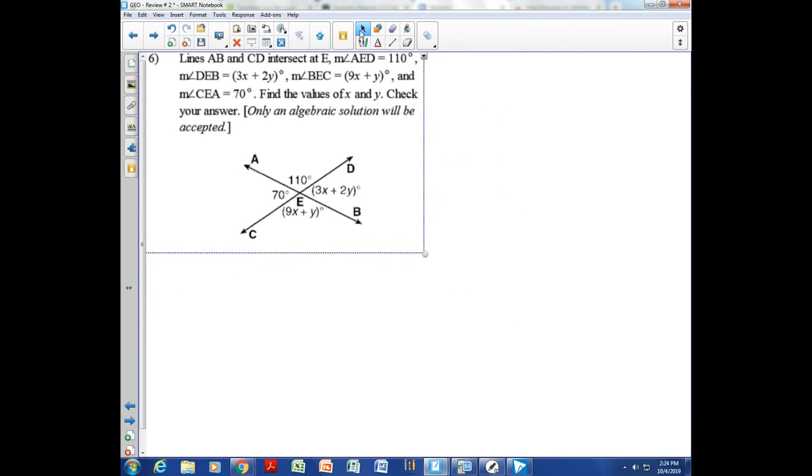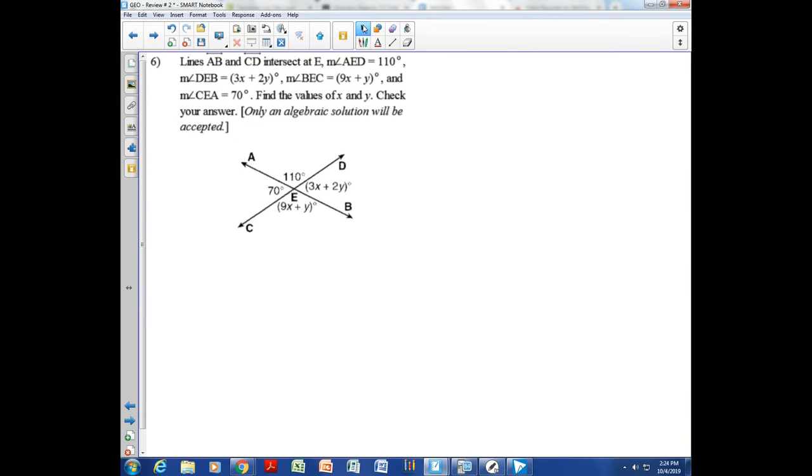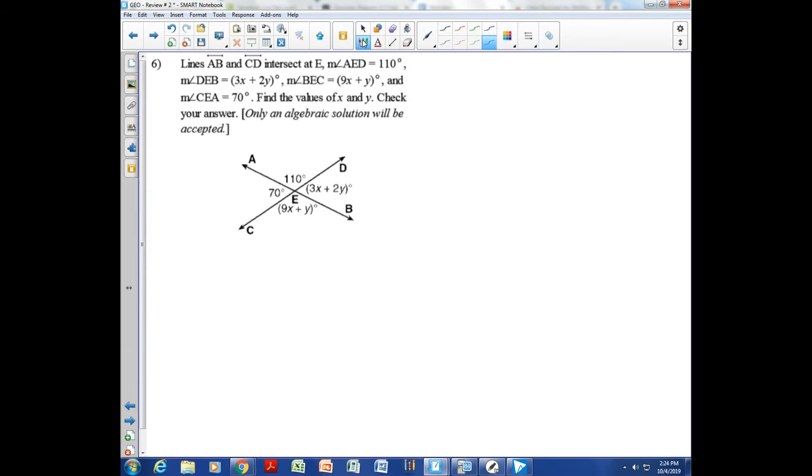All right. Well, this one, as I told most of you already, is one that demonstrates our ability to solve simultaneous equations. Well, there are many true equations we could start this out as, but I'm going to take the most straightforward one, which is the vertical angles are congruent.